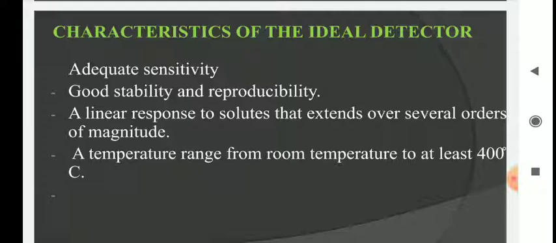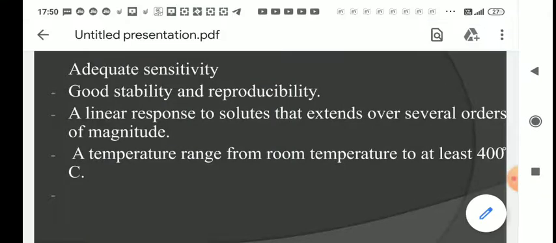You can have another sample where the quantity of the solutes is 10 to the minus 8 gram, then the detector should also be able to detect it. If the quantity is less, the signal will be smaller, the peak will be smaller. If the quantity is more, the peak will be larger. But whatever output you are getting, the detector should give you a linear response.